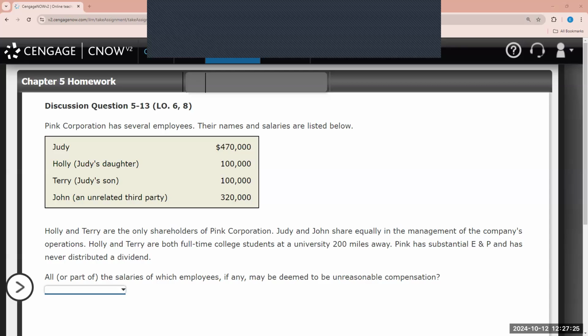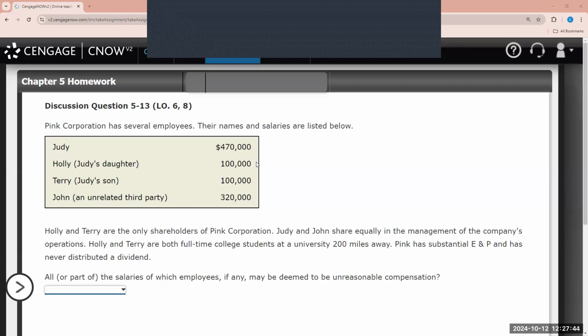So in this case, we see Holly and Terry are vulnerable to the constructive dividend treatment, since neither shareholder appears to have earned the salaries paid. We have Judy, we have Holly, we have Terry, we have John.